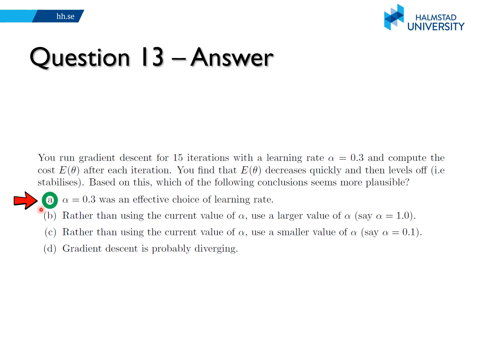The correct answer is A. So this was an effective choice of the learning rate alpha because the cost decreases very quickly after a few iterations and then it levels off. So it seems that we are converging.